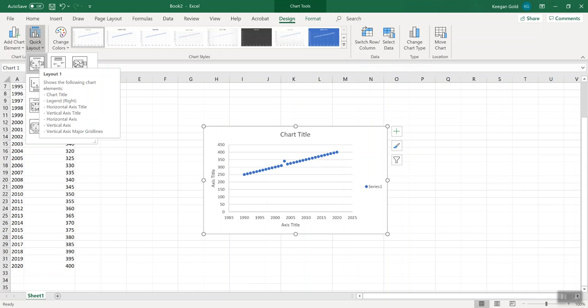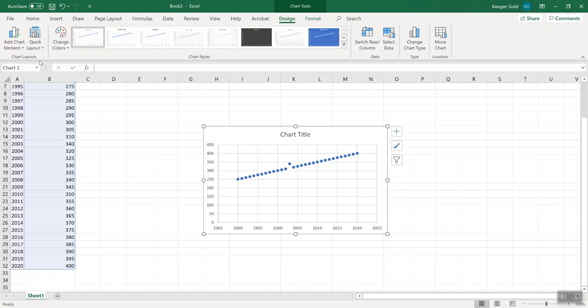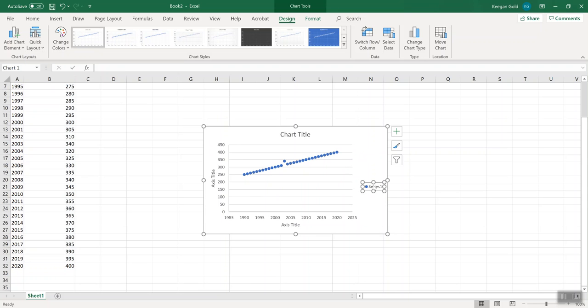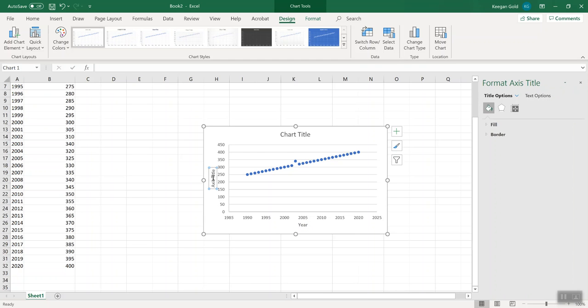So I'm going to go to quick layout over here. I'm going to choose layout 1. Layout 1 looks good. I don't need this series thing over here. I can delete that. And then again, my x-axis title is going to be year, and my y-axis title is going to be carbon.